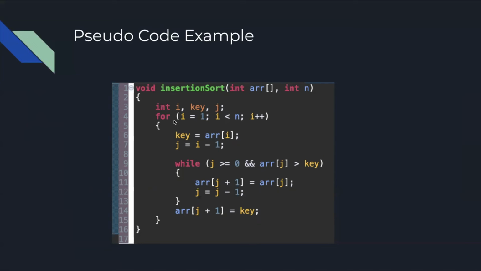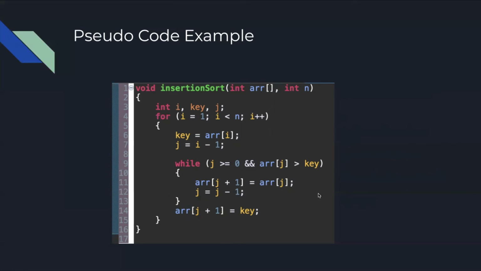And you can see we have a for loop, and that for loop will start at the first element in the array, and as long as i is less than the length of the array, it will cycle through, and it will set an integer key to the array value at element i, and it will set j equal to whatever the index is minus 1, and it'll run a while loop that decides whether or not the array's element is greater than or less than. So basically it will compare the values and sort them accordingly.